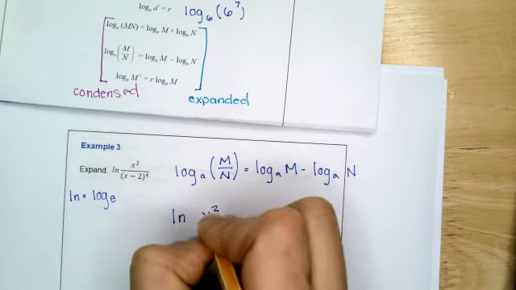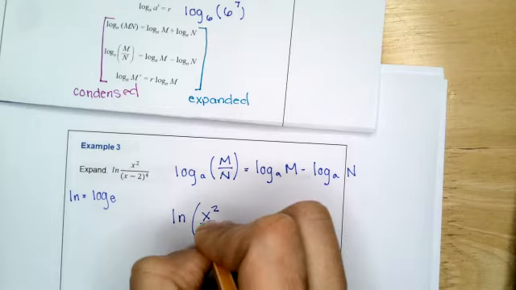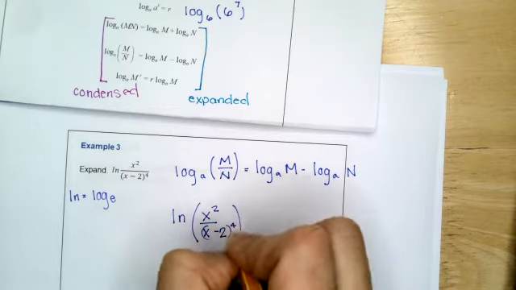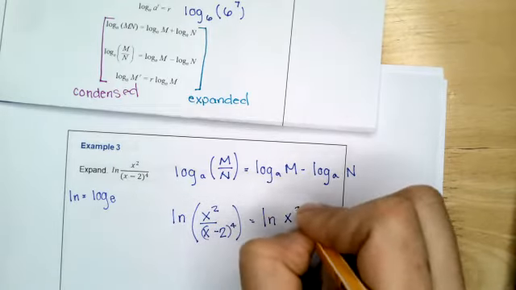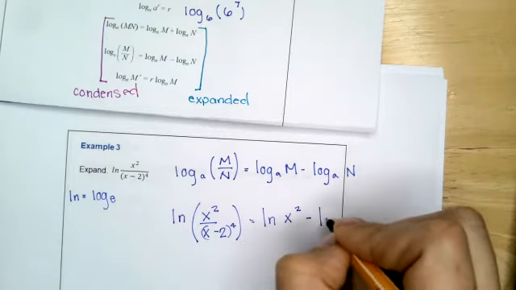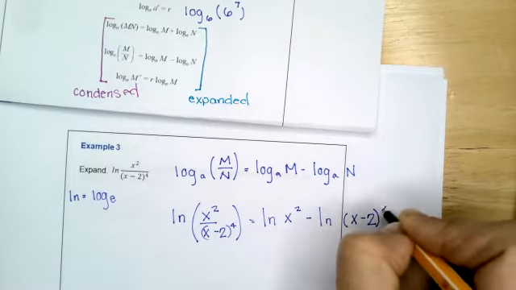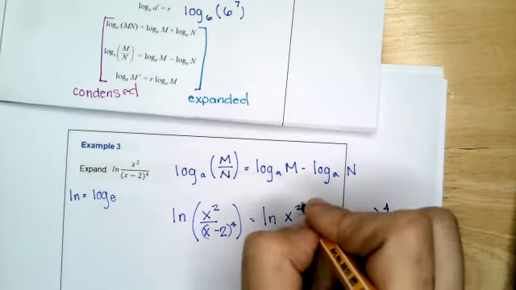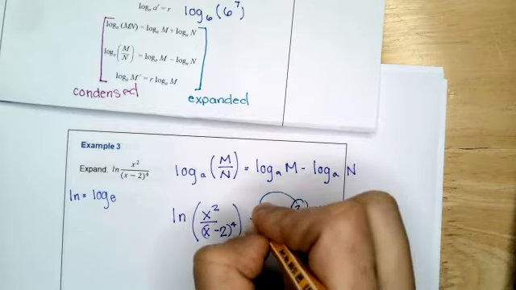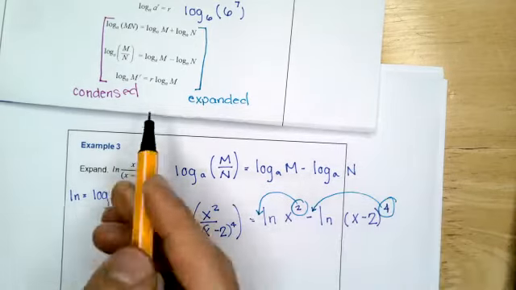I guess I'll write it. So the natural log of all of this becomes the natural log of x squared minus the natural log of x minus 2 to the 4th. Good. Last thing we're going to do, move that 2 and that 4 out in front based on that rule.